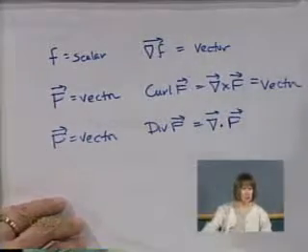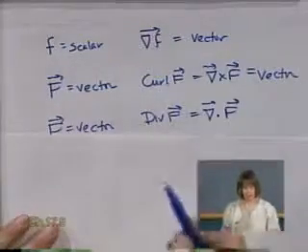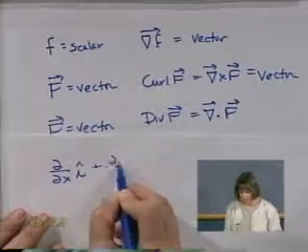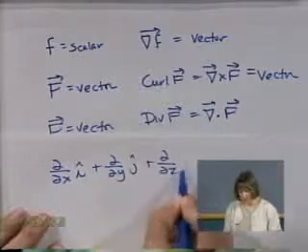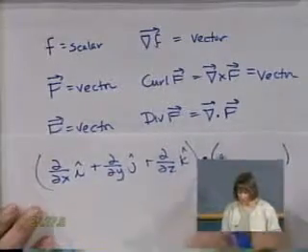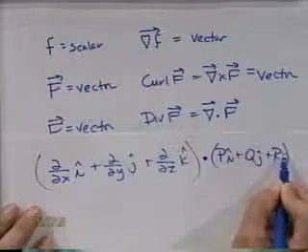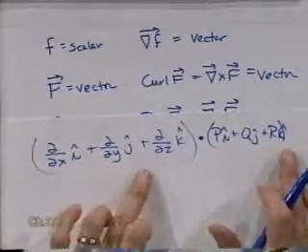Okay, remember how to do dot product? Well, look here. The del with an arrow on it is going to be thought of as the partial with respect to x i plus the partial with respect to y j plus the partial with respect to z k. And if we dot it with f, which we've been writing as p i plus q j plus r k, when you do dot products, you normally multiply this plus multiply this plus multiply that.